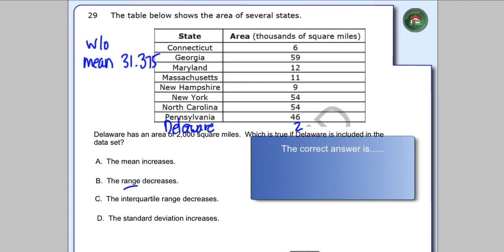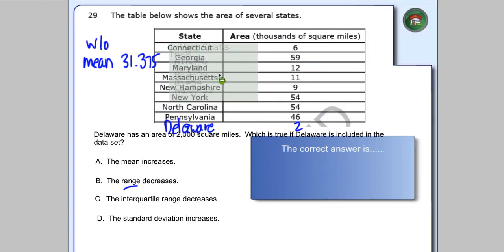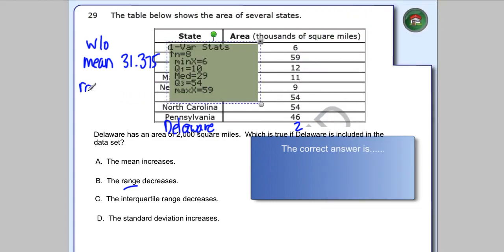What about the range? If you scroll down, it tells you the minimum and the maximum. So the range would be 59 minus 6, which is 53. Okay. The interquartile range is Q3 minus Q1.